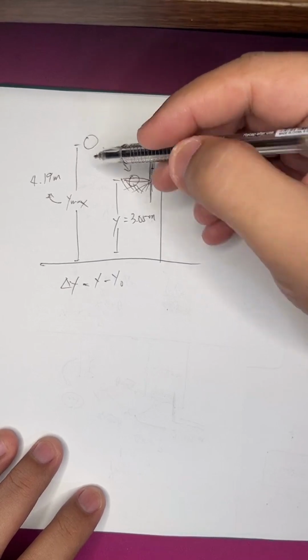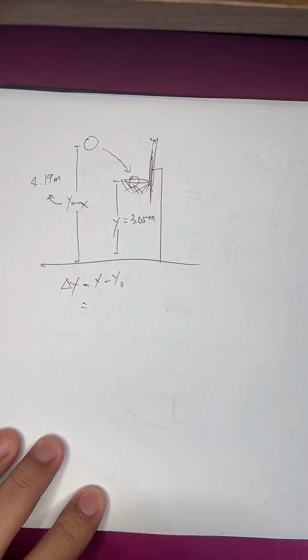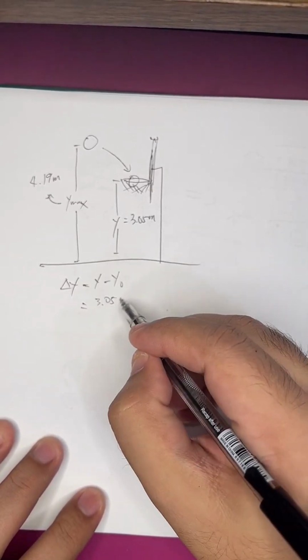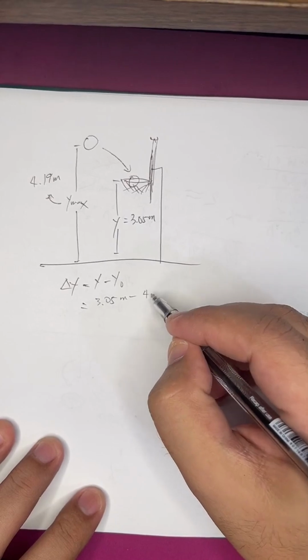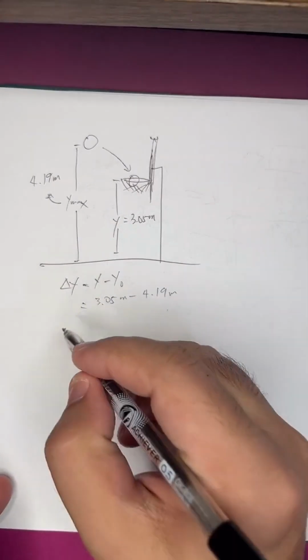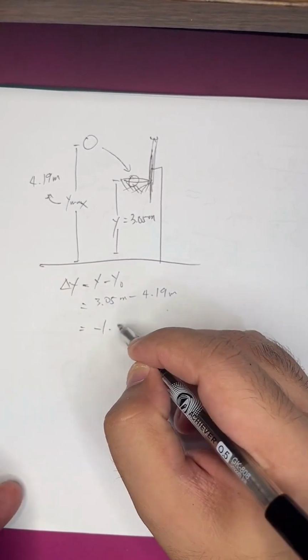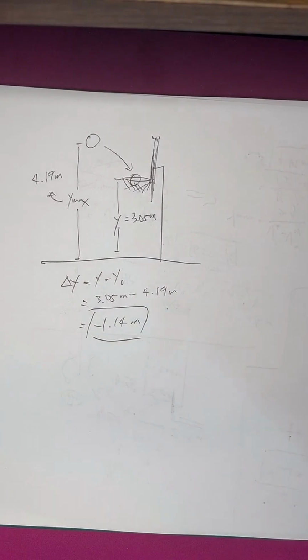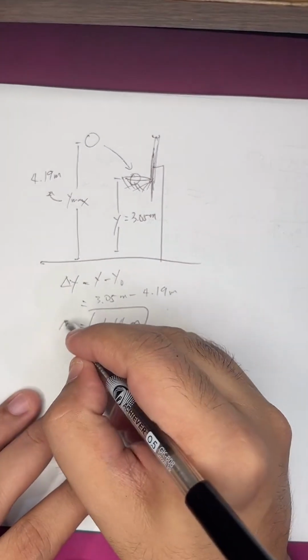So we simply subtract 3.05 meters minus the peak height of 4.19, and that would be equal to negative 1.14 meters. Negative meaning the ball was moving in the negative y direction. It was falling. This will be our delta y.